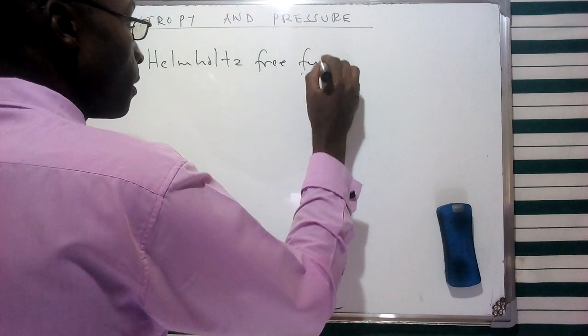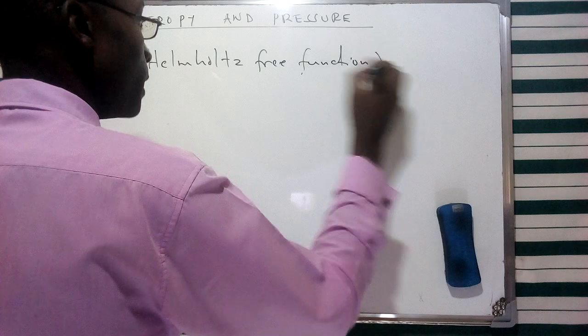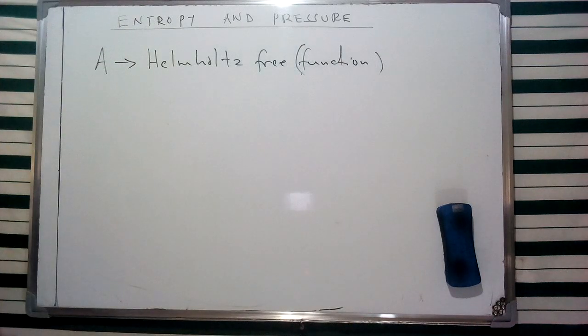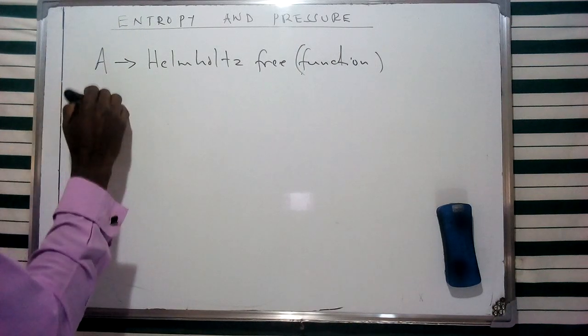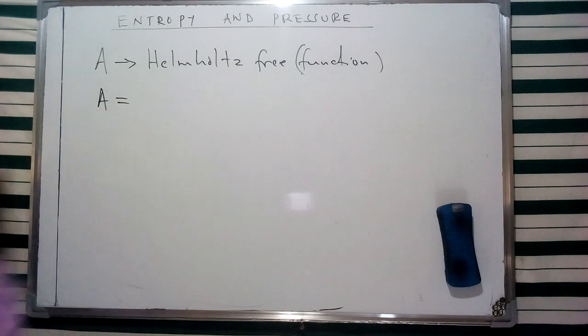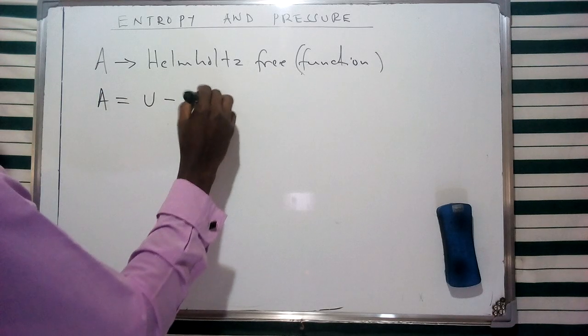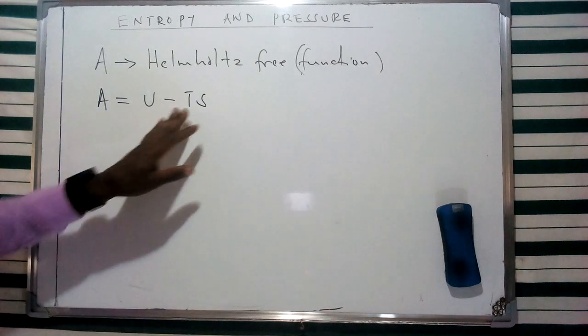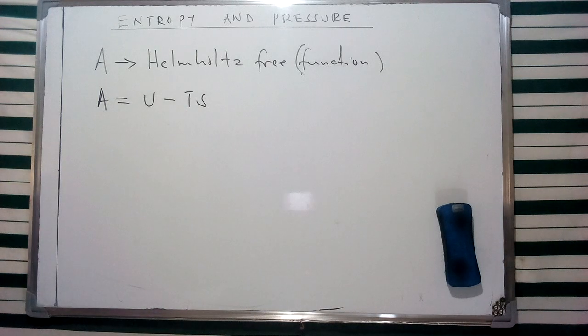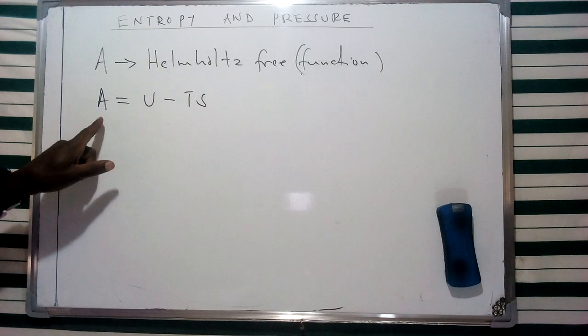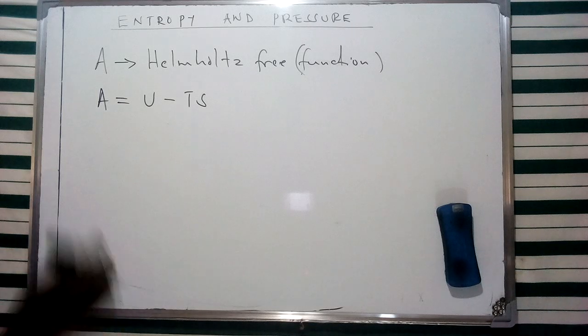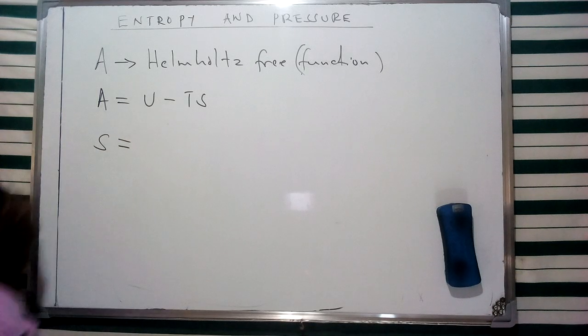This Helmholtz free energy function is given in terms of A, and in terms of an algebraic representation or an equation, this was given in terms of internal energy minus the product of absolute temperature and entropy, given as such. And of course, we can describe the concept of entropy from this specific relationship by making S the subject of our formula.